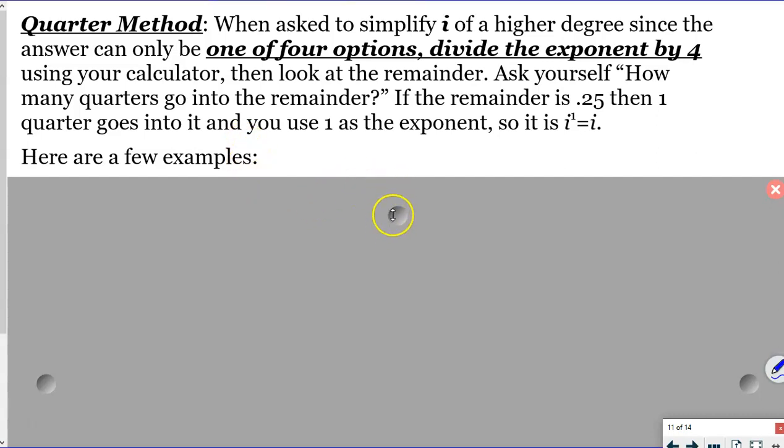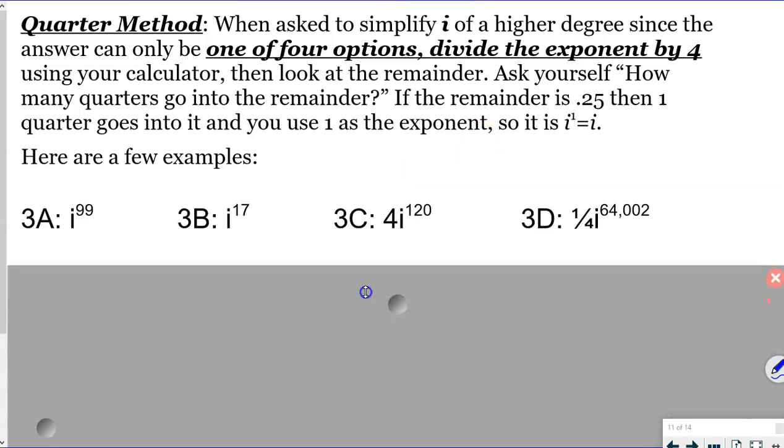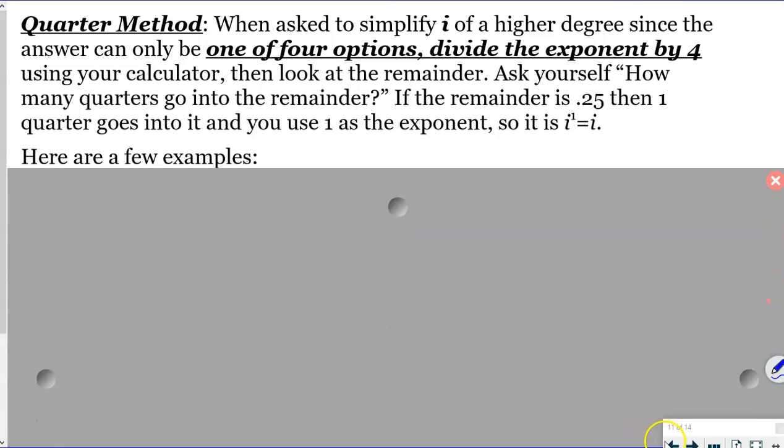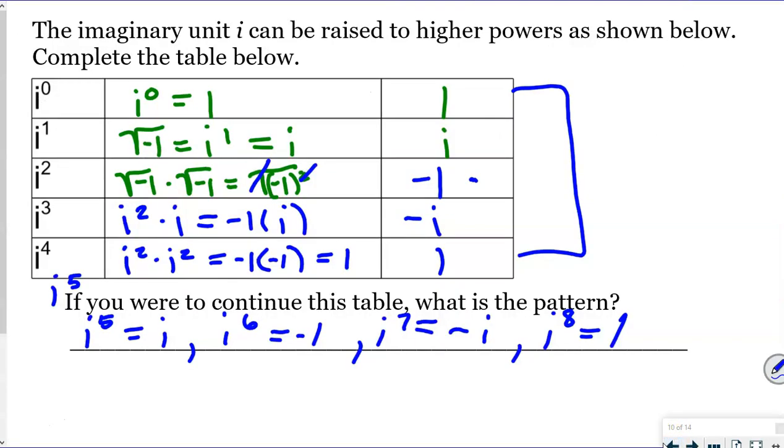Before I work a couple examples, let me go back to the previous slide and show you here, because I've got open space over here. So I'm going to erase this and show you some examples, okay? I'm just going to start with i to the 12th. So I'm going to take this 12 and divide it by 4.